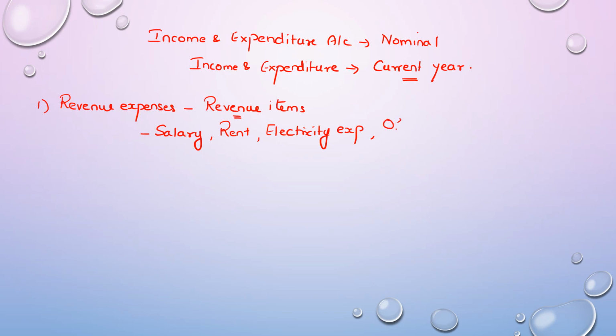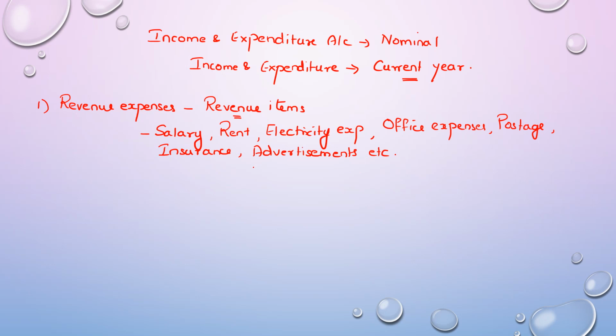There can be office expenses, printing and stationery, and postage expenses which are incurred. You can have items like insurance, and you can have advertisement expenses. So these are some of the examples. There are many more which can be found, like audit fees and honorarium paid. We will be discussing them in detail in further slides.